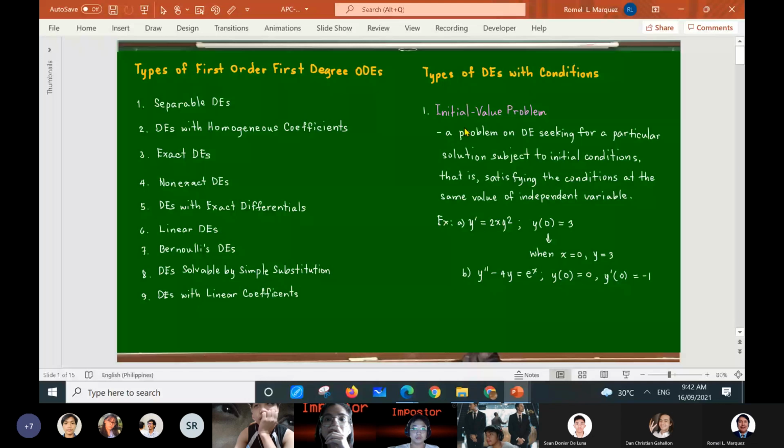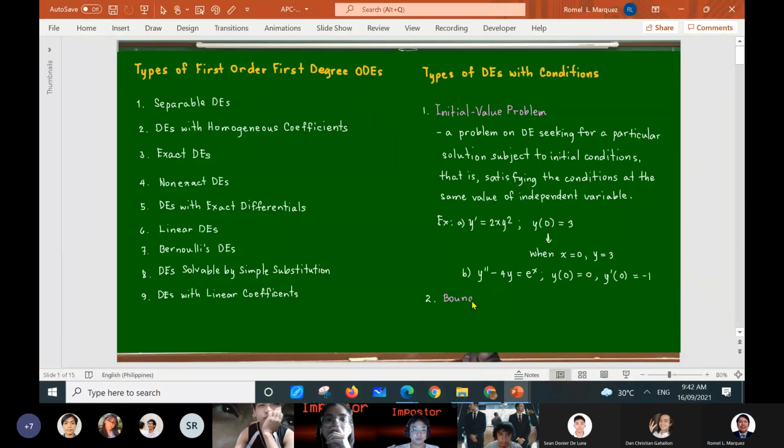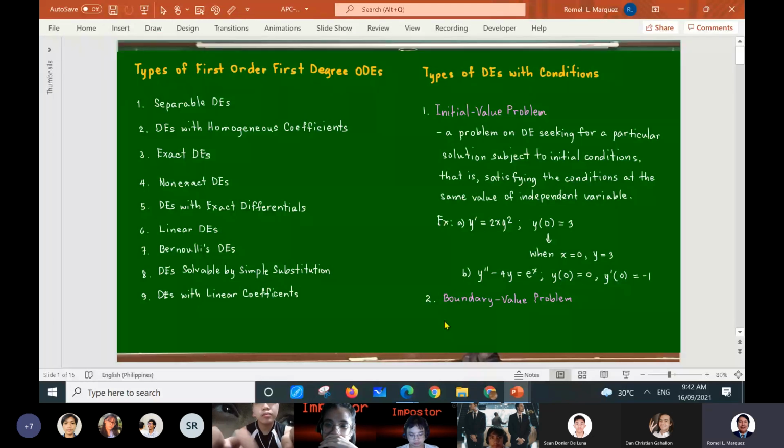Okay, guys? Number 2, we have what we call boundary value problem. What do we mean by boundary value problem?